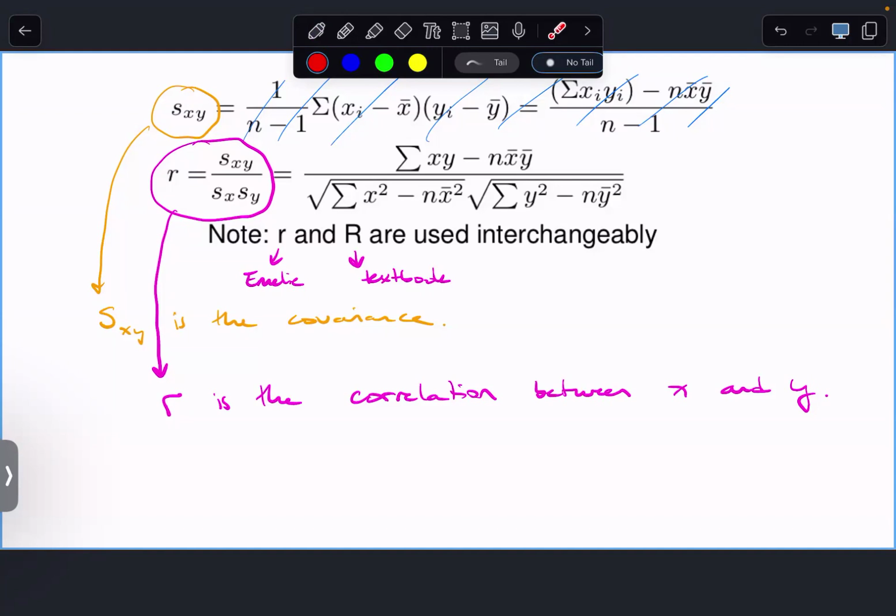You're expecting the correlation to be between -1 and 1, right? And so if you have the covariance, SXY, you have the standard deviation of your X variable, the standard deviation of your Y variable, right? Then you can calculate the correlation if you had to. Okay? Most of the time I just give it to you, but if you had to, then this is the way that we would calculate it.